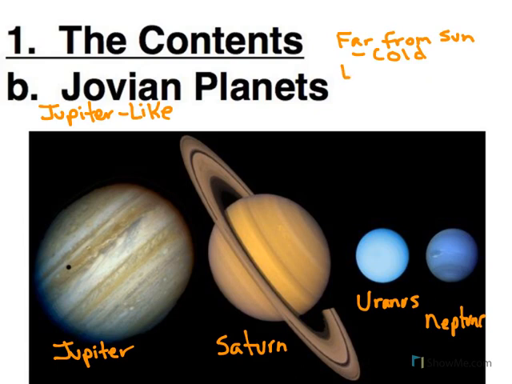These are also by far much larger than the terrestrial planets. I don't have an image that shows a comparison, but Earth is the largest of the terrestrial planets, and the little shadow that you see on Jupiter here, that's not too far off from the size of Earth in comparison to Jupiter.